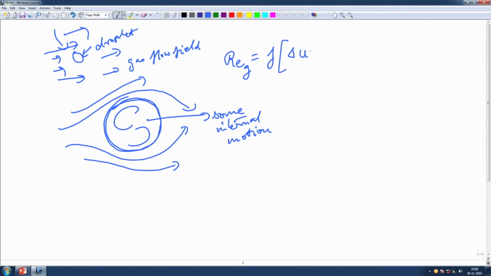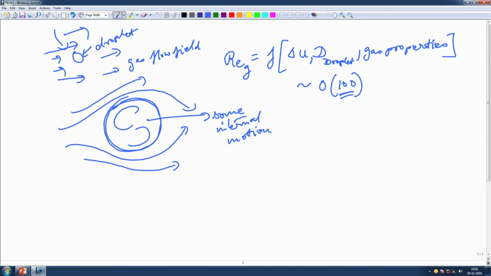It has to be a function of the relative velocity, of the droplet diameter, and of the gas properties, meaning density, viscosity, etc. In most of the cases you will find that this Reynolds number is of the order of 100. So, it is still laminar, but it is not 1 or below.